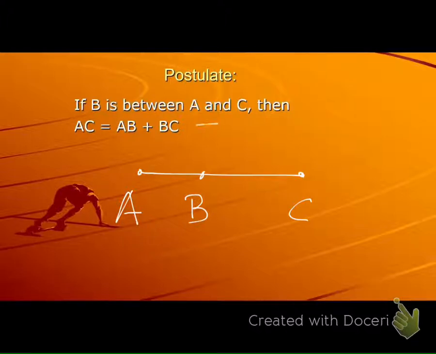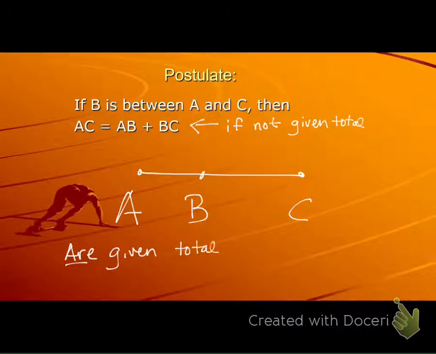I'm going to add a little something to that. This one is if you're not given the total. So if you're not given the total segment, if you're given the smaller two, you're going to add. If you are given the total, I would like you to write this as well.